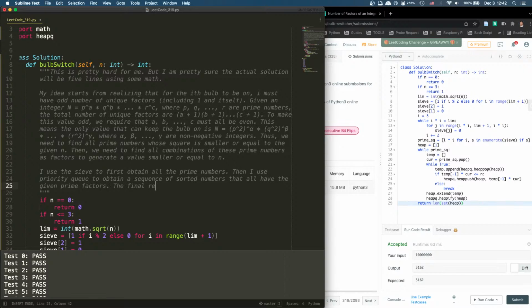The final result is the length of this sorted list.